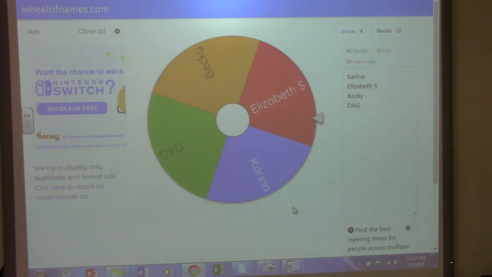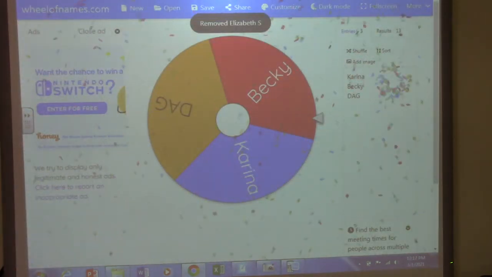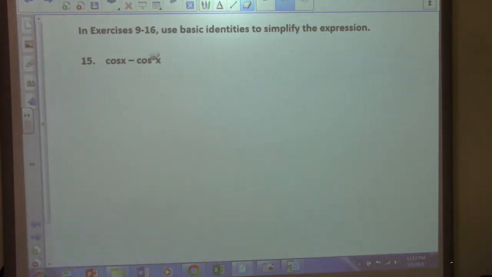Elizabeth, okay. Yeah, this one is a little weird. Do you have any idea about what's going on here? First thing I want to say is negative cosine squared x, just because, logically, that's what my brain thinks. Yeah, that's really probably a good way to go.